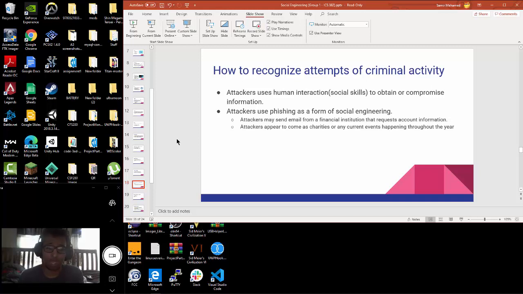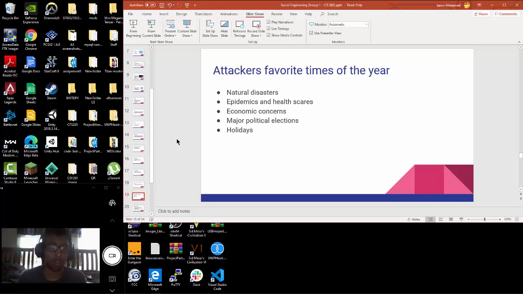If you get funny messages like that, just go to a physical branch, talk to them, and ask if there's anything wrong, or call an official number from their website that's not given to you by the email, and speak to someone from an official website where there's linking and everything, so you don't get scammed.